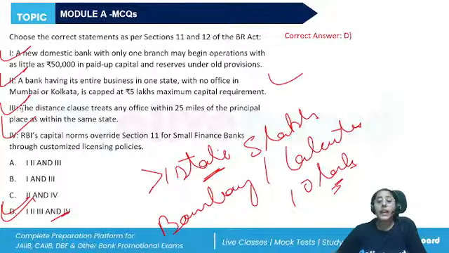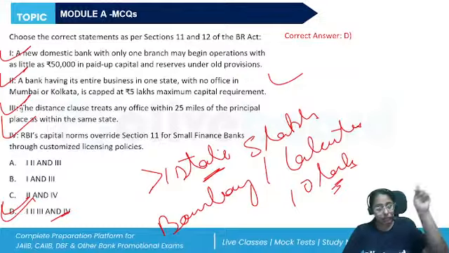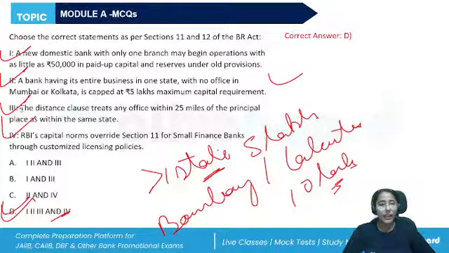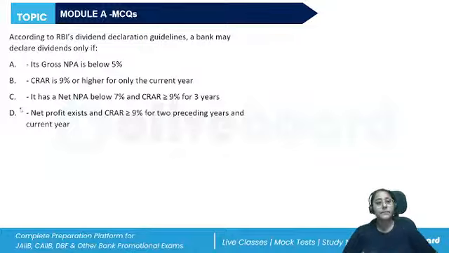The business situated in a state other than that in which the principal place of business is, if it is not more than 25 miles distance from the principal place of business, will be deemed to be situated in the same state. Otherwise, the 25,000 rupees clause will be applied. All right? Correct.